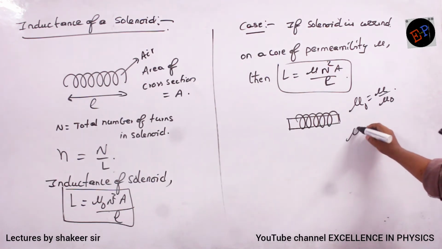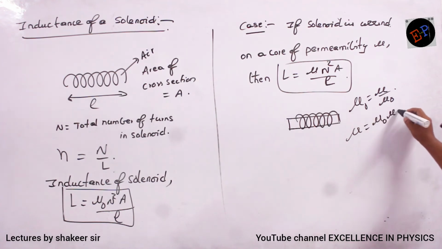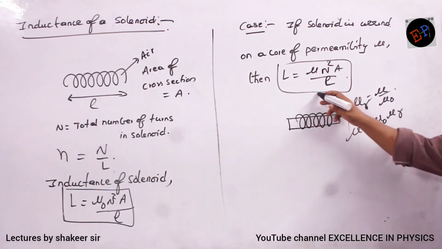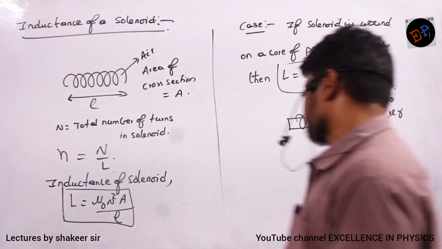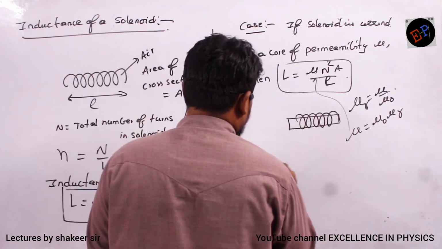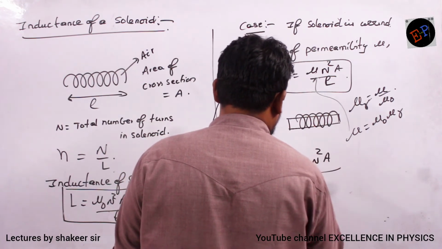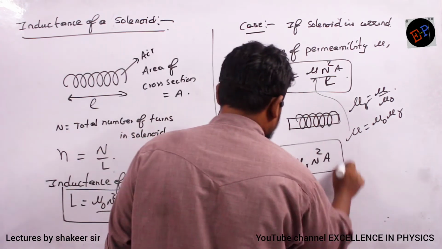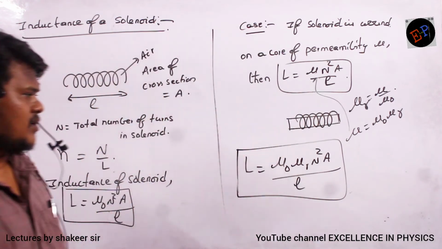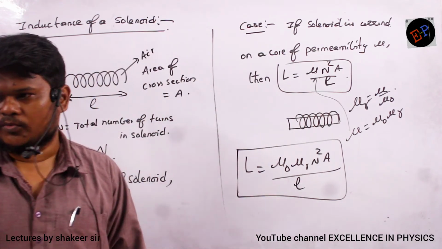So mu can be written as mu naught into mu r. Substitute here. Then one more equation of inductance of a solenoid is mu naught mu r n square A divided by l. This is the equation to calculate the inductance of a solenoid if it is wound on any core of permeability mu.